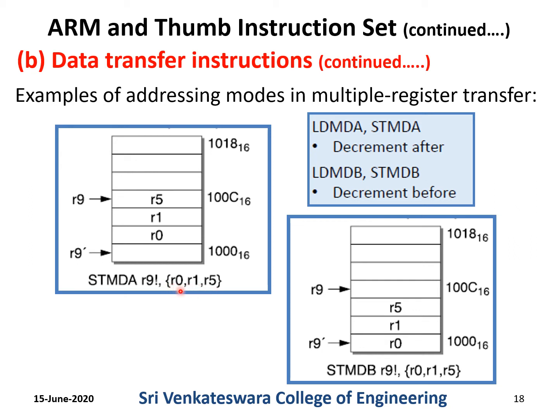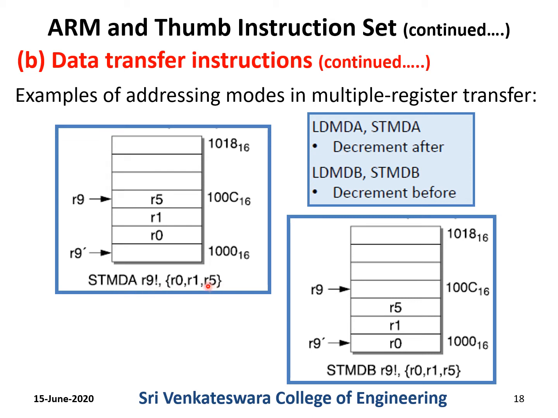This instruction has to store the values present in R0, R1 and R5 into the memory locations pointed by the address in R9. R9 is holding the memory address, and in the instruction we have DA, decrement after. So after the store operation is done, the value in R9 has to be decremented. So STMDA works like this.